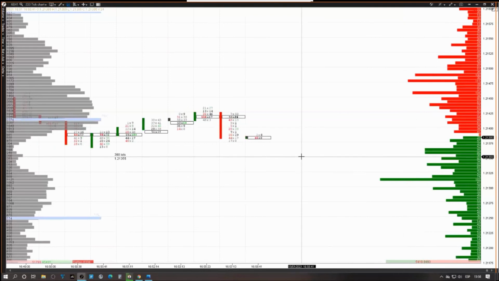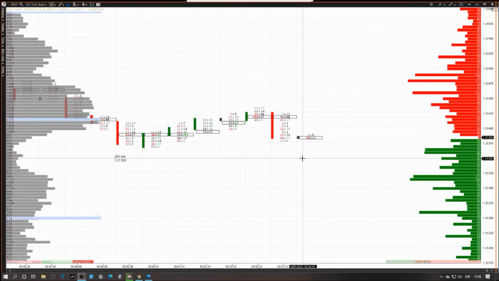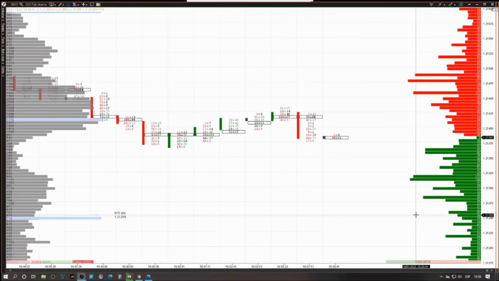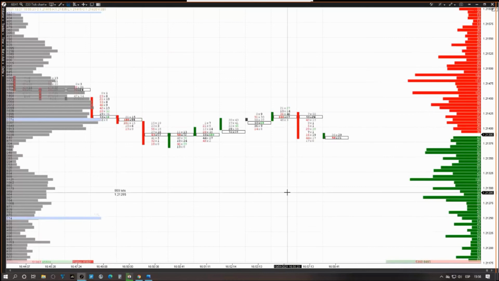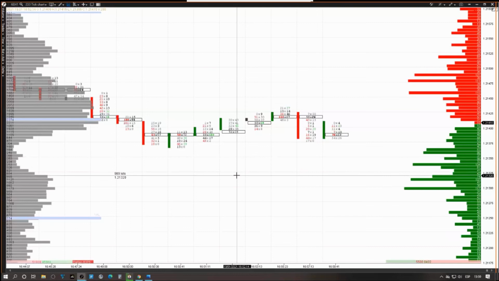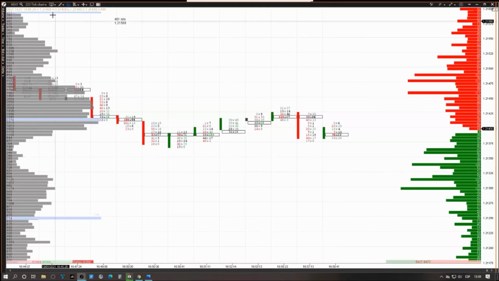And it doesn't necessarily mean that if there are more pending bid orders, the market will go down, because there are traps placed by bigger entities than just retail traders that can make people believe that the market is going one way or another. So you need to be aware of that.